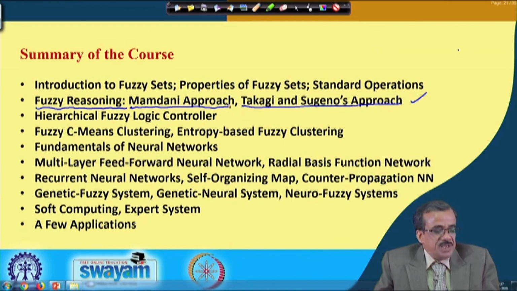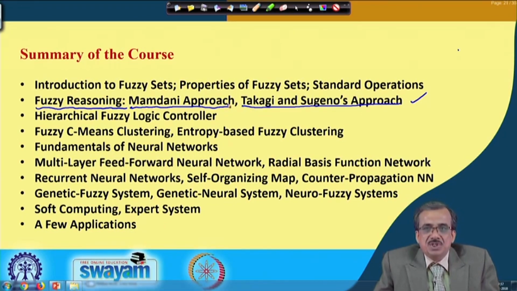Now, while discussing the fuzzy reasoning tool, we have discussed that the complexity of a fuzzy reasoning tool depends on the number of the linguistic terms we use to represent each of the variables. It also depends on definitely the number of variables.